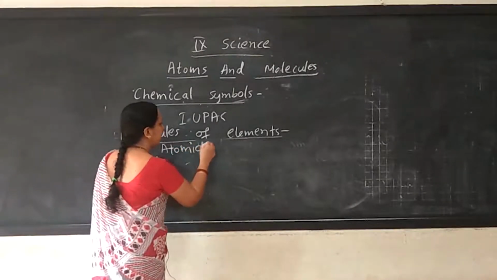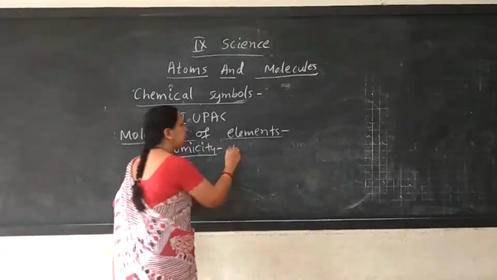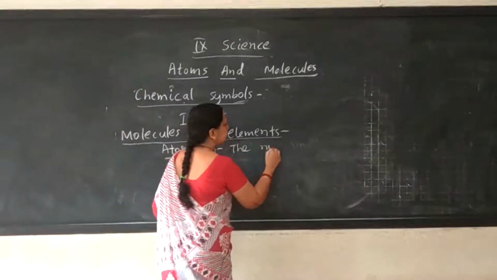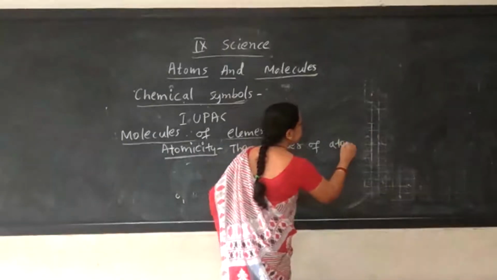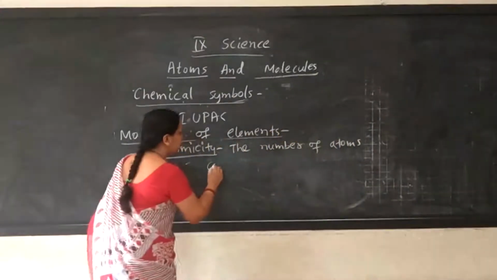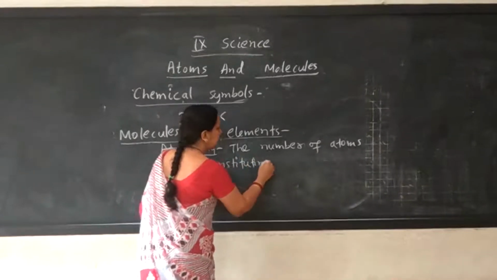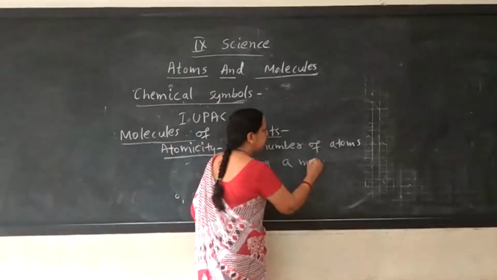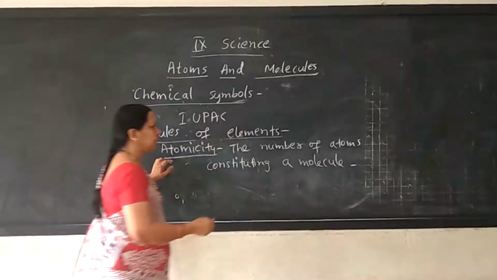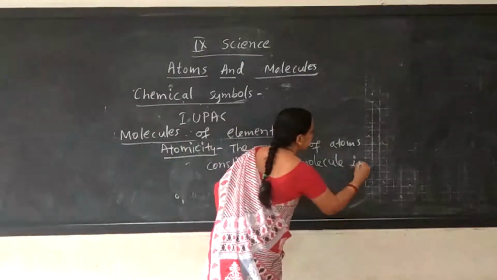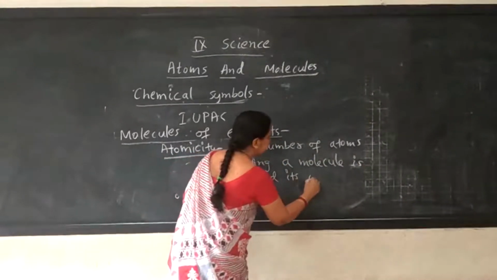What do you mean by atomicity? It is nothing but the number of atoms constituting a molecule, which is called its atomicity.